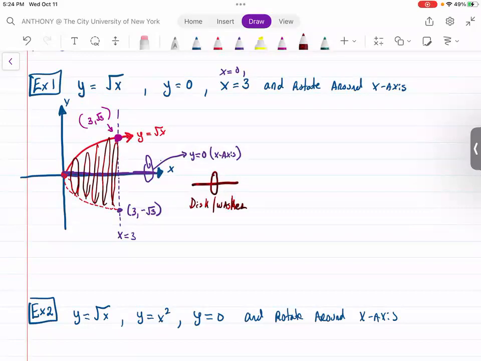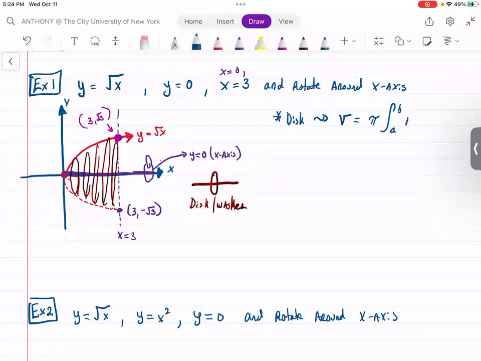By the formula for disc, if I use the disc formula, it says that the volume V is equal to pi on the outside of the integral from a to b of R of x squared dx, where R of x, this capital R, is essentially your radius.